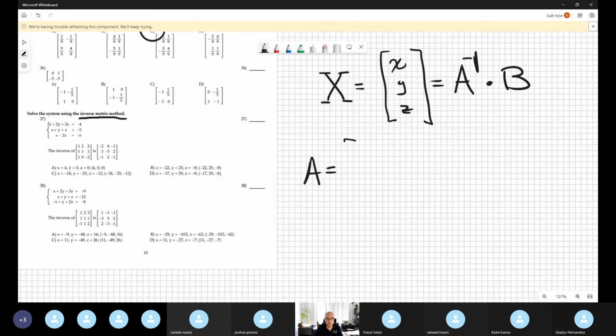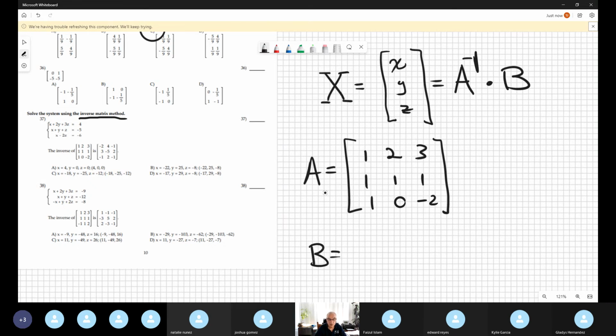A is the coefficient, a square matrix, the coefficients in front of the variables: 1, 2, 3, 1, 1, 1, 1, 0, and negative 2. This is my matrix. And who is B?